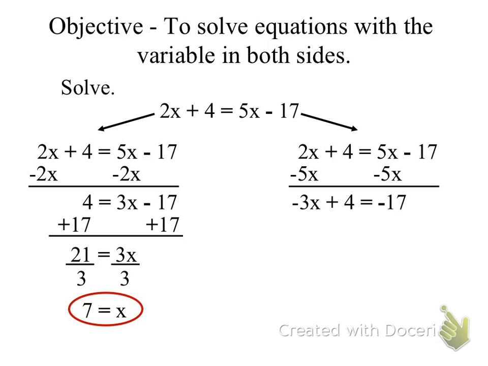David. Subtract 4 from both sides of the equation. Subtracting 4 from both sides of the equation. New line will read what, David? Negative 3x equals negative 21. Yep. Next step. Oscar. Subtract negative 3 from both sides.